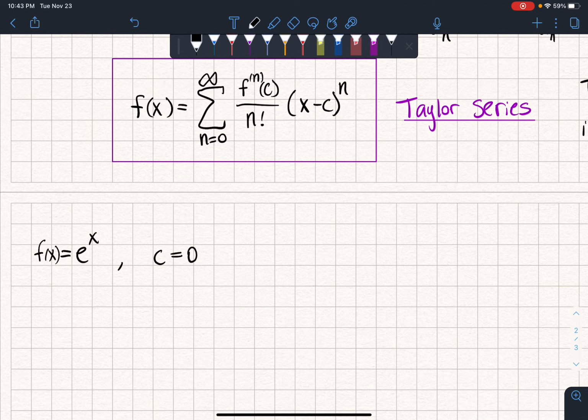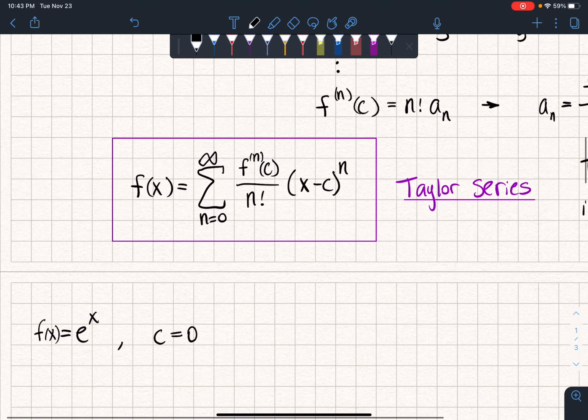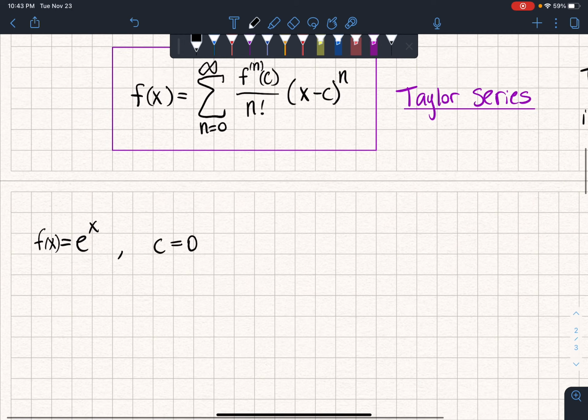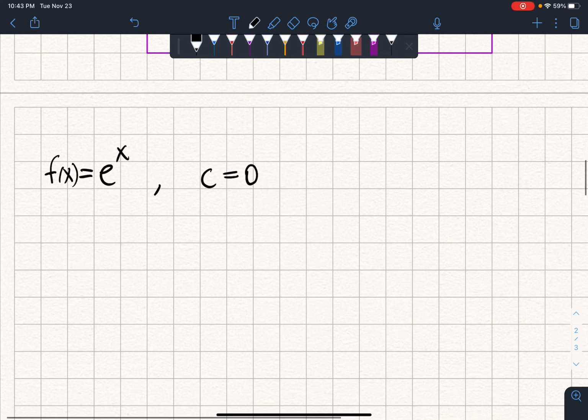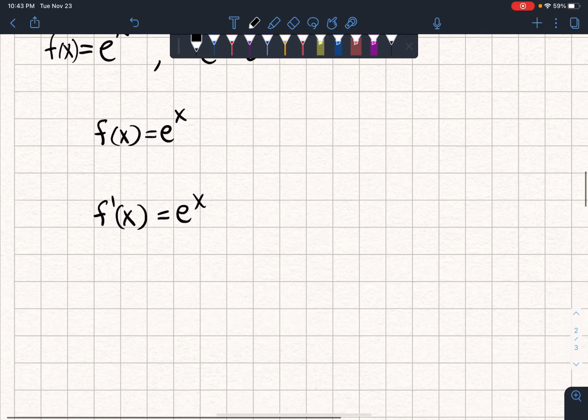We need a couple things. I guess we only need one major thing, and that is a general expression for the nth derivative at c. So we basically just start by taking a couple derivatives until we start seeing a pattern. Fortunately, e to the x is definitely the easiest. If f of x is e to the x, f prime of x is just e to the x.